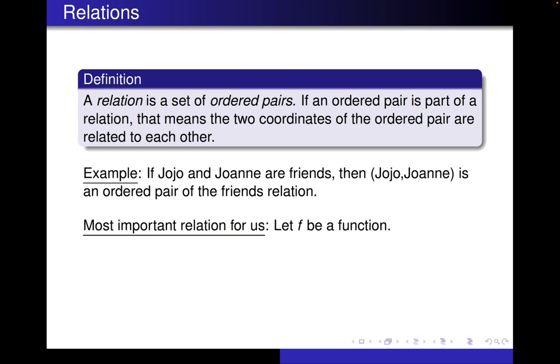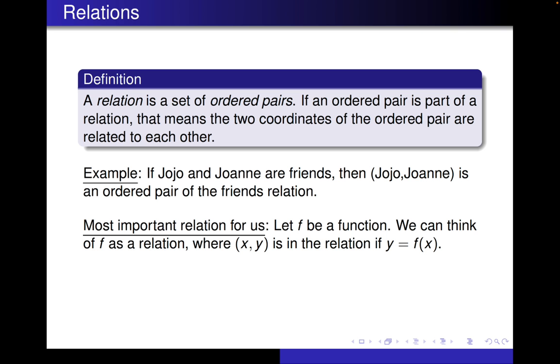So if we have a function f, we can think of f as a relation, where the ordered pair (x, y) is in the relation if y is equal to f of x, right? We're thinking of the x coordinate as the input, the y coordinate the output, and if those two match up, then that ordered pair (x, y) is part of our relation that is our function.